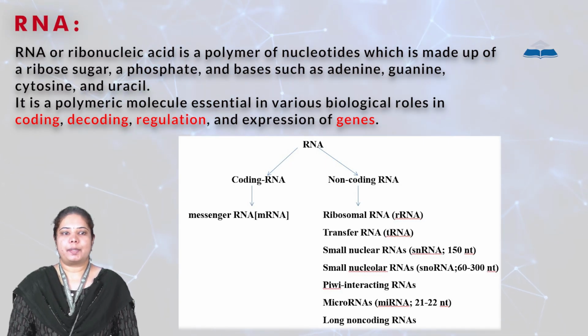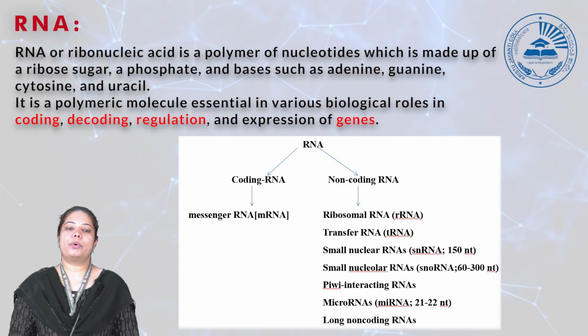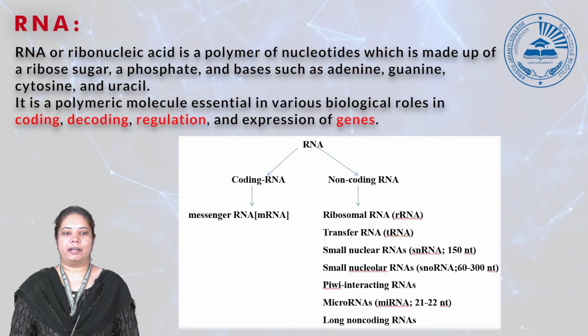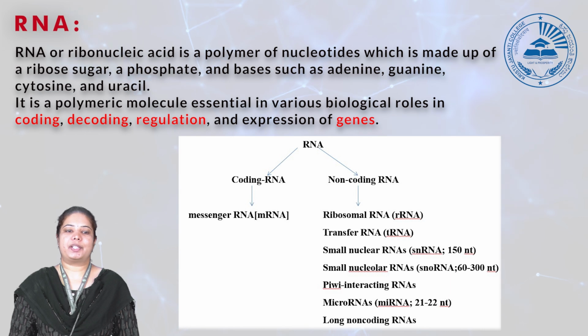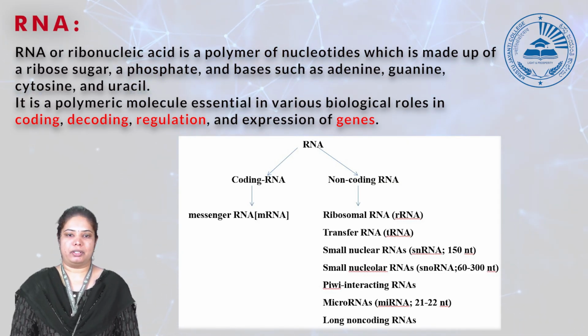So we have different types of RNA, which include coding RNA and non-coding RNA. The coding RNA includes mRNA alone, and this mRNA will be expressed as different proteins. These proteins carry out different biological processes. All the genes which are expressed are expressed through the mRNA molecule, which forms a new protein, and those proteins have biological function.